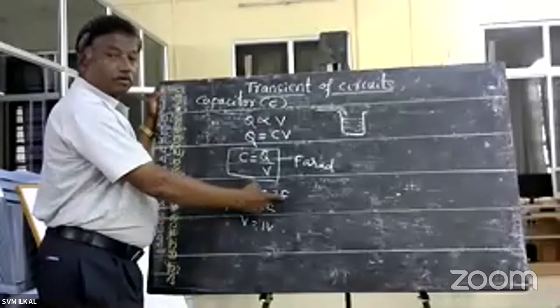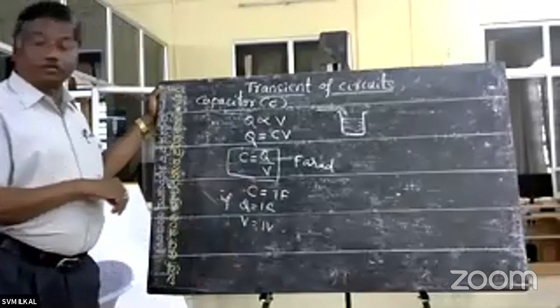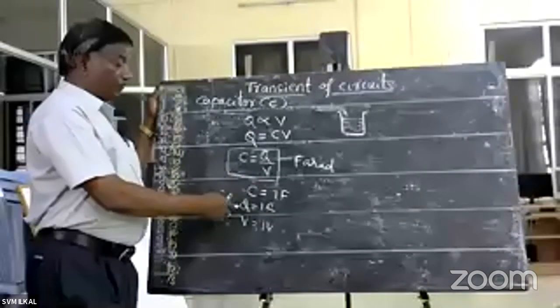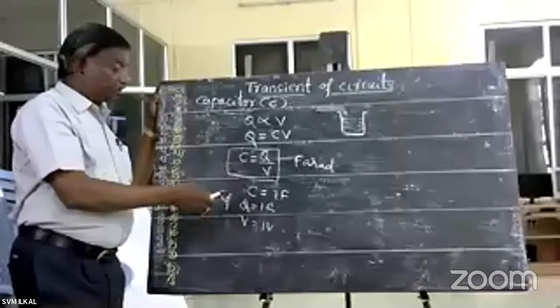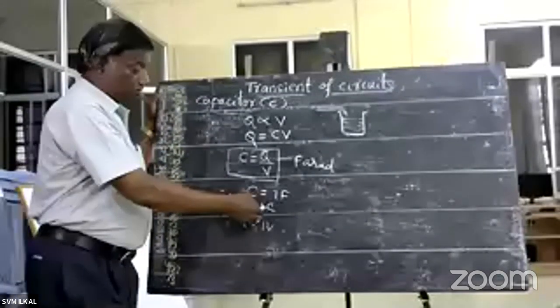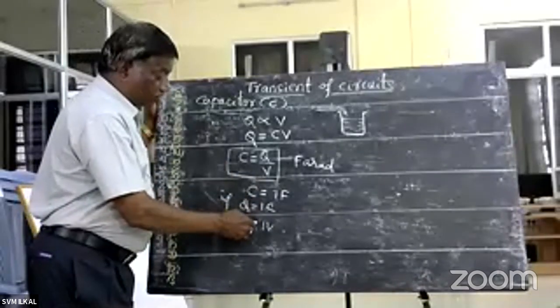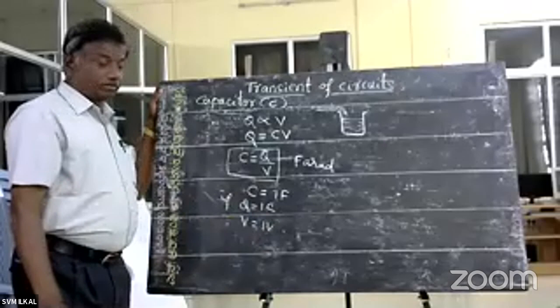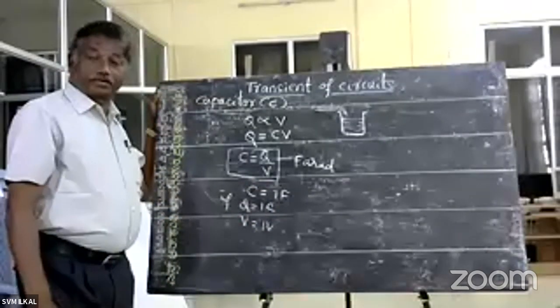So, the SI unit of capacity of the capacitor can be defined as: if the charge stored by the capacitor is 1 coulomb to develop a potential difference between the plates of the capacitor of 1 volt, then the capacity of the capacitor is 1 farad.